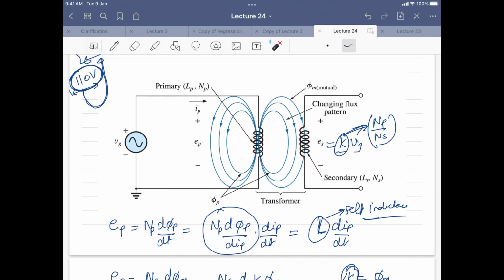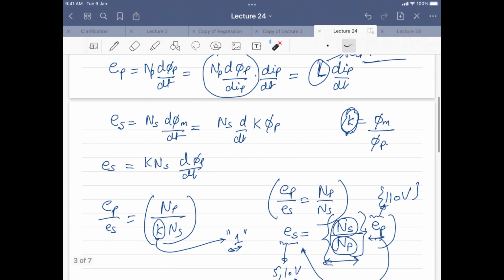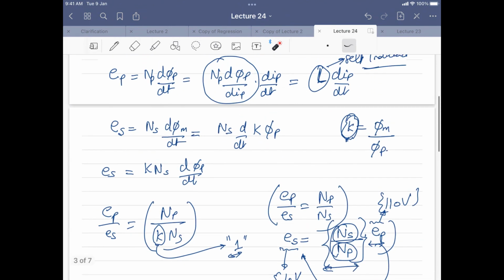But if we put these two inductors in some medium, we want to see how much flux linkage there will be between the mutual and the primary coil.